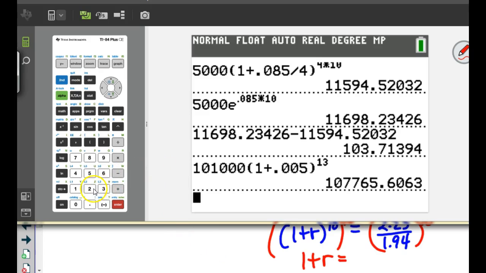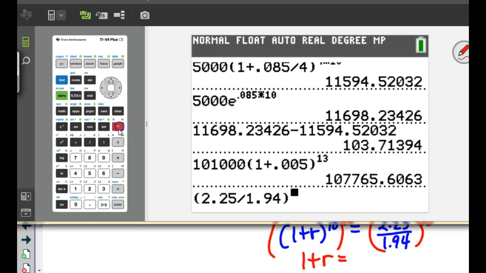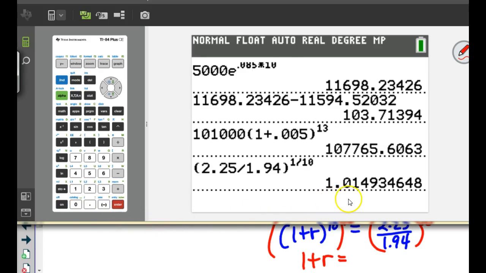So parenthesis 2.25 divided by what, guys? 1.94, close parenthesis, to the 1/10. We are for the second part. To the 1/10, or 0.1 up there, if you want to do that. I got 1.049. Anybody else get that?